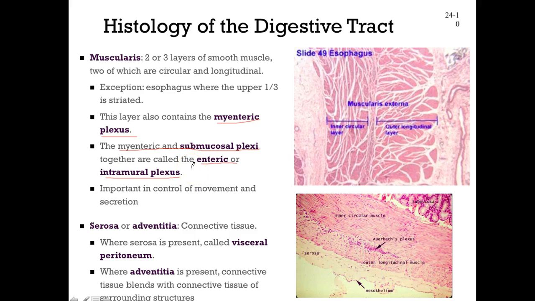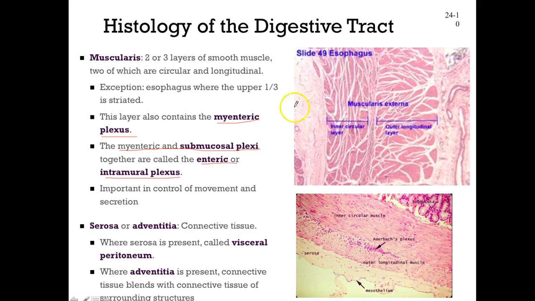The enteric plexus is kind of like its own brain. It regulates itself rather than having to go to the central nervous system and having that regulate it. So this muscularis externa layer is really important in controlling the movement and secretion within our GI tract. This is what's going to help us with that peristalsis and segmental movement.